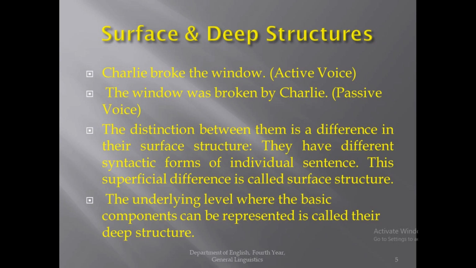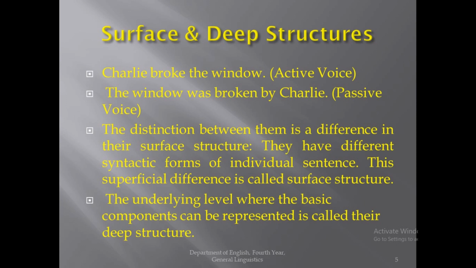The idea which the sentences represent is the same: a window broken by somebody, or somebody broke the window. This is the idea, so it is one idea. The distinction is only in the surface structure, for certain stylistic reasons.